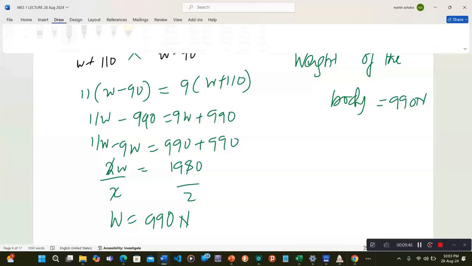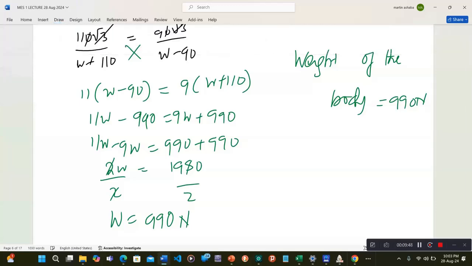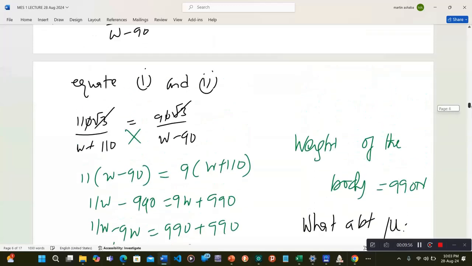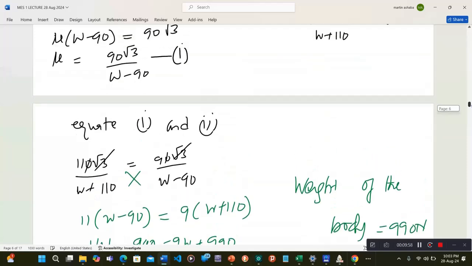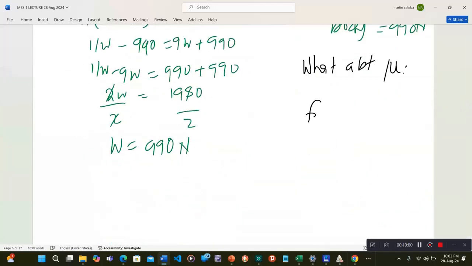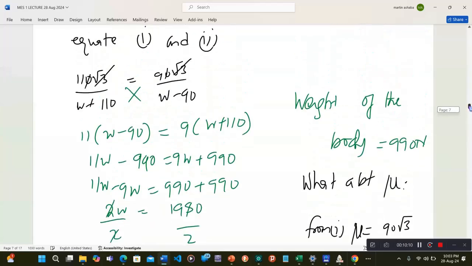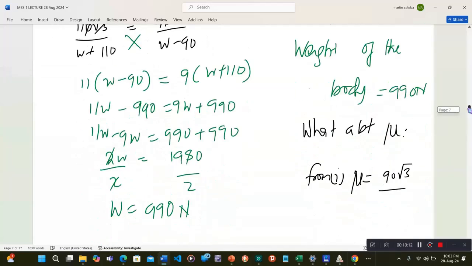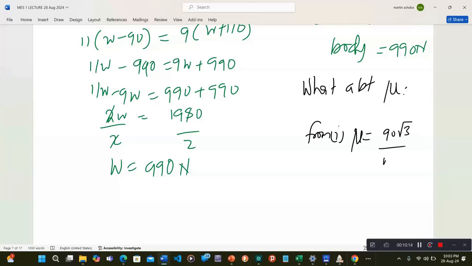What about nu? So I can go to any of those equations, from 1 we are provided that nu is equal to 90 root of 3 divided by W minus 90.